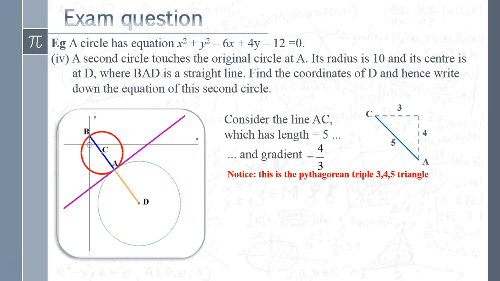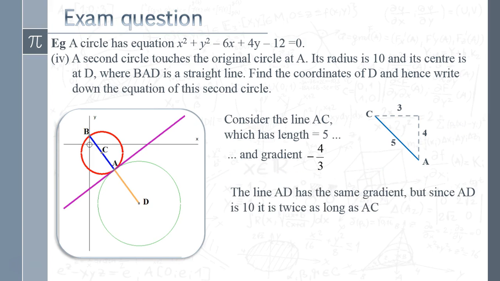Now if we take the triangle for AD, because it's on a straight line, it's exactly the same. We're going to get a similar triangle, but this time it's twice as long. It's got length 10. So those dotted lines there, the rise over run, are going to be twice the ones we've got over here. So straight away that tells us that that value there is 6, and that value there is 8.